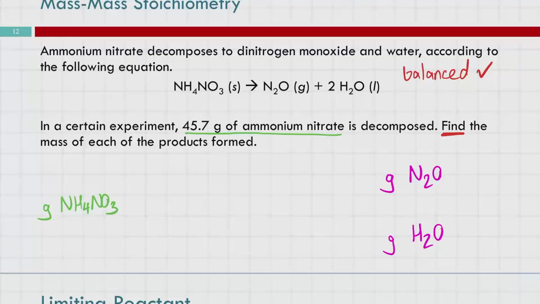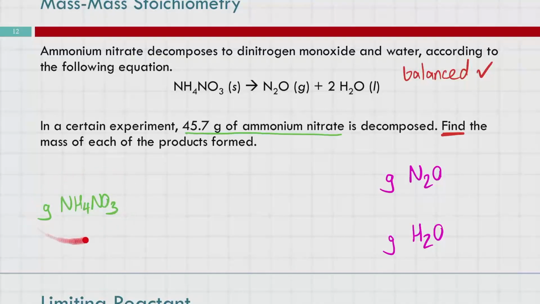One of them, you start with your grams of NH4NO3, and you just go all the way through to the end for grams of N2O. You start over, you go all the way to the grams of H2O. We can also get our moles of NH4NO3 and then do different ratio steps. It'll save you the tiniest little bit of work. I'm going to show us that way.